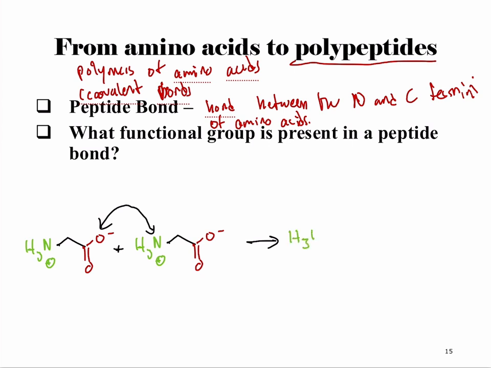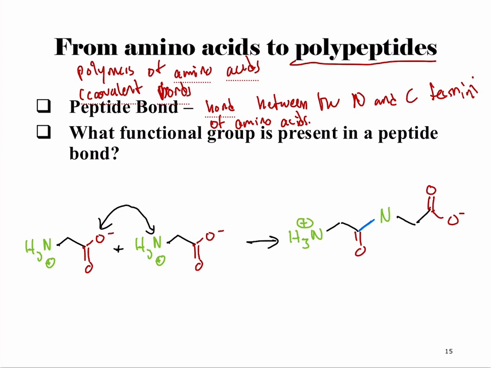So then we'll have H3N plus. Generally, when these reactions are happening, we're dealing with uncharged species, but just for the sake of keeping things consistent with neutral pH, I'm just writing the charges here. And so these come together to then form the polypeptide.